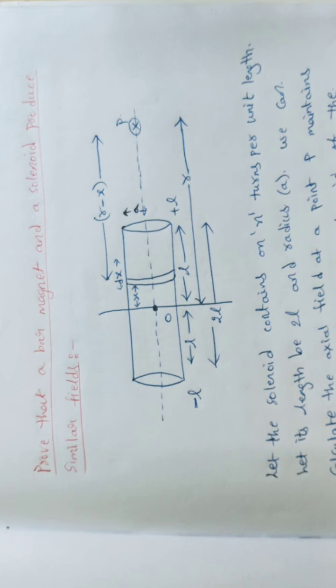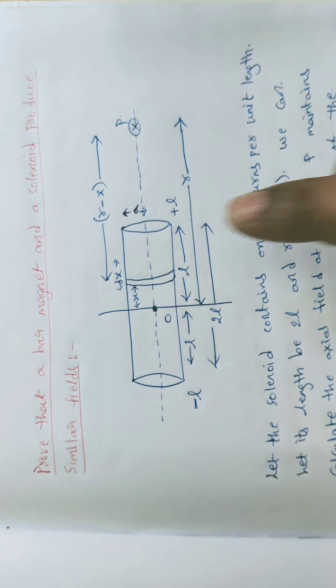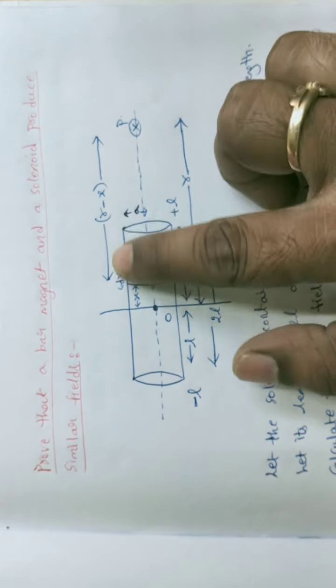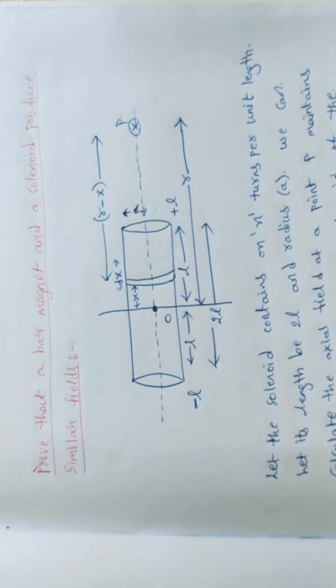From the diagram you may observe this distance is also r minus x. Total length of the solenoid is 2L, total number of turns is capital N, small n turns are present per unit length, and the distance from the center of the solenoid to point P is small r. Like that, some assumptions are taken.